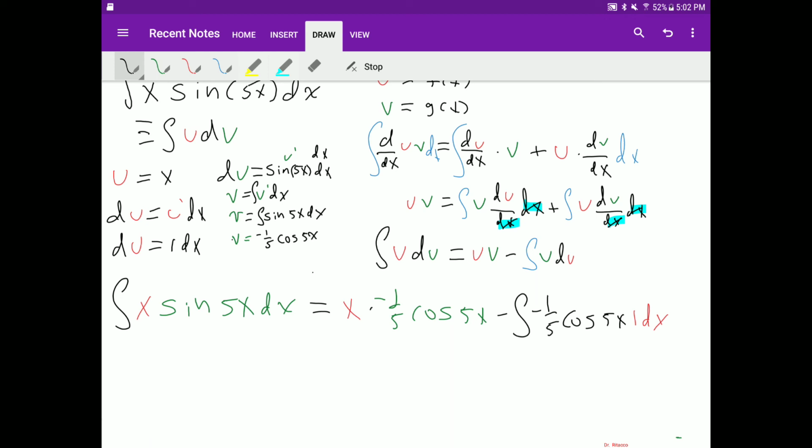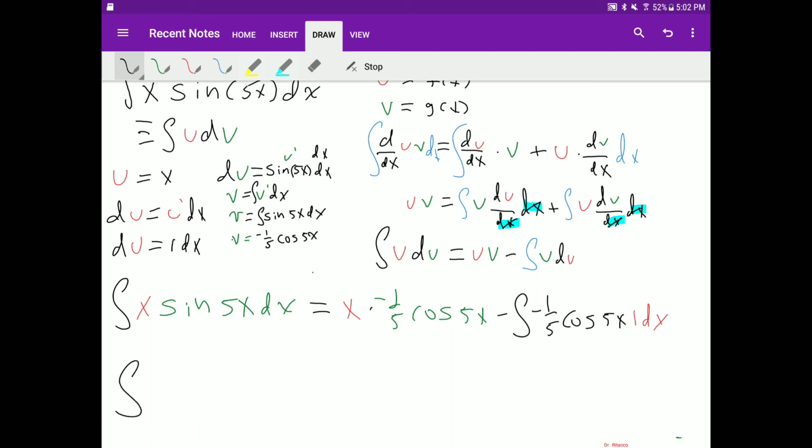So the only thing I have left to evaluate is this integral down here. Now if this integral is simple, I can do it exactly. It is not as simple, but I can do it through u substitution, just like I had to do for the integral of sine 5x dx. We needed a u substitution up there to find the integral of sine 5x. We need u substitution down here for the integral of cosine 5x.